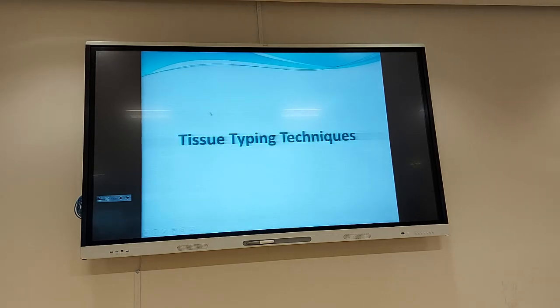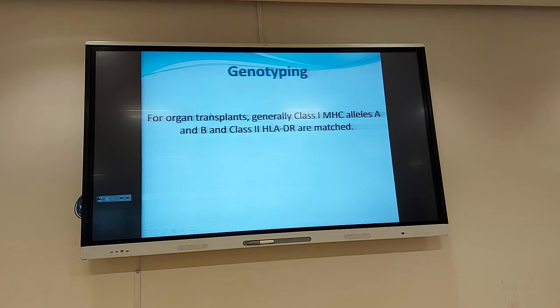So in terms of tissue typing techniques, for real-world tissue transplantation, particularly in renal transplants, they don't worry about matching all three alleles of class 1 or all three alleles of class 2.